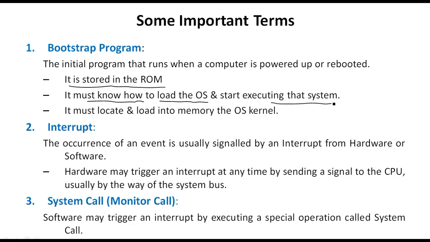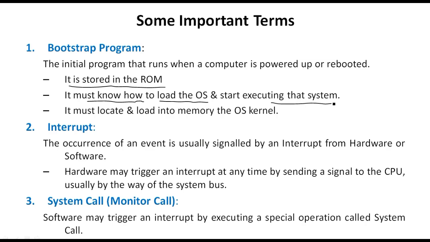The occurrence of an event is usually signaled by an interrupt from either the hardware or software. We say interrupt means the occurrence of any event generated or signaled by any hardware or software of a computer.